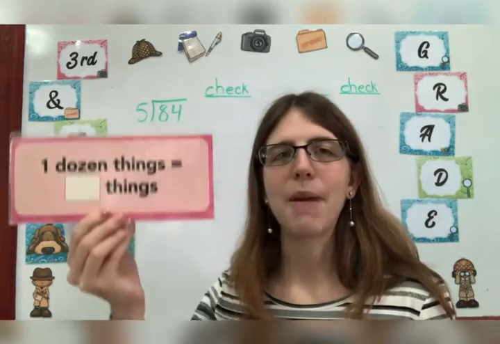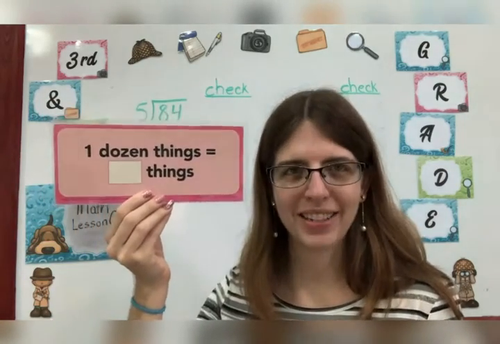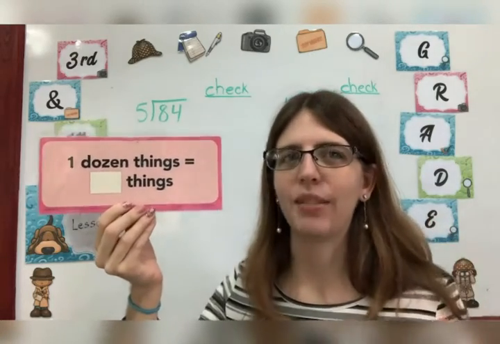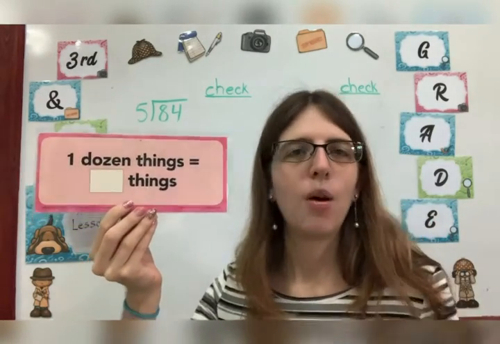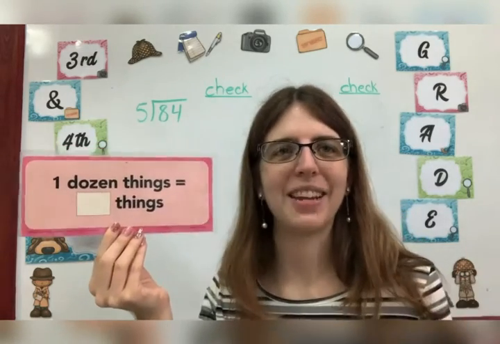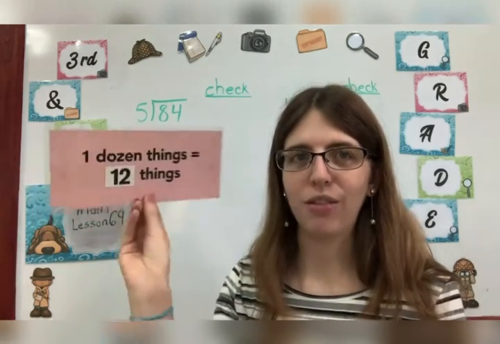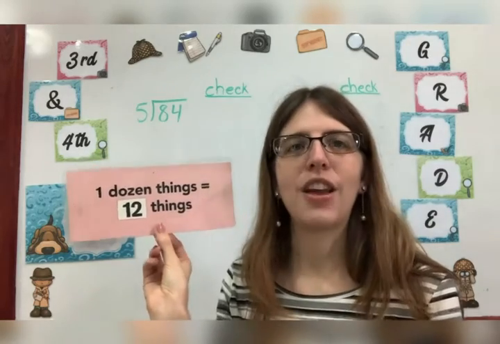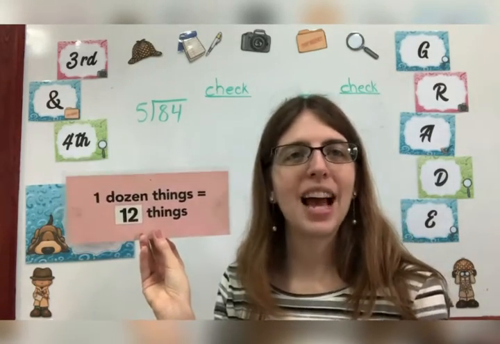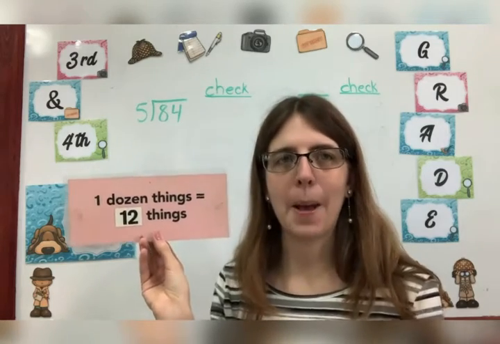We are adding the measure of 1 dozen. 1 dozen things is una docena. Una docena de cosas. Well, how many cosas are in una docena? 12. So there are always 12 things in a dozen. Many times you can buy eggs in a pack of a dozen.